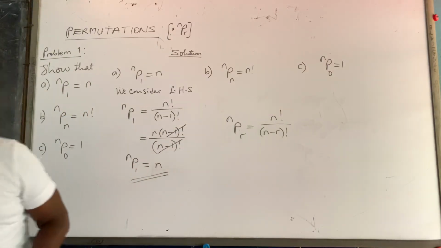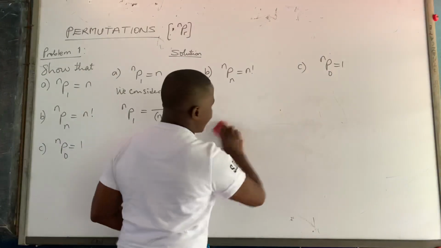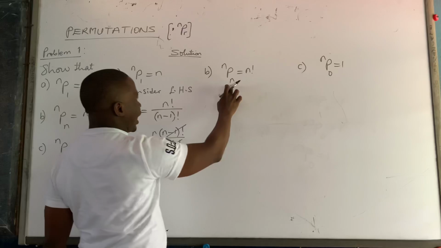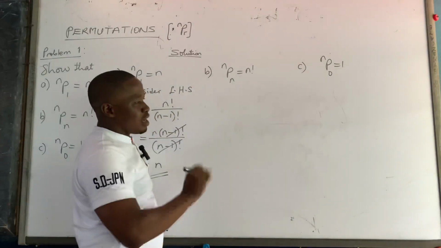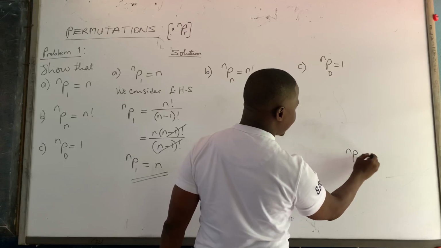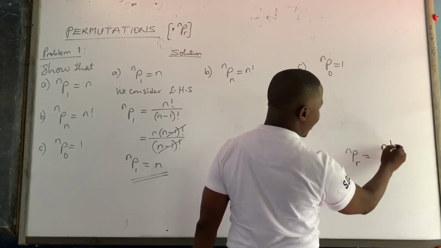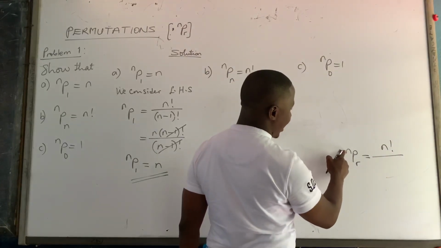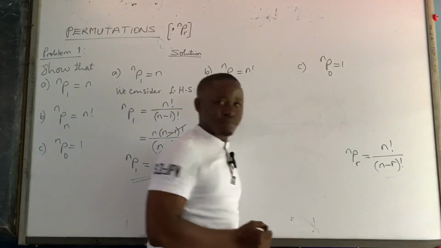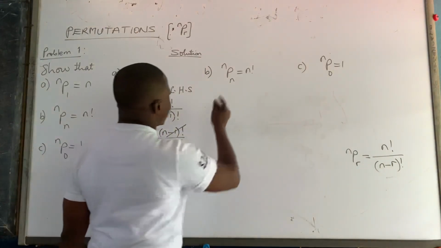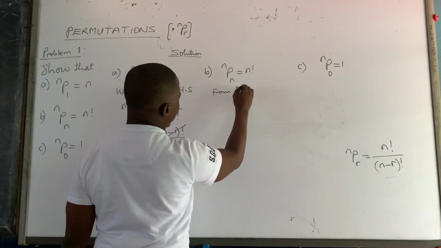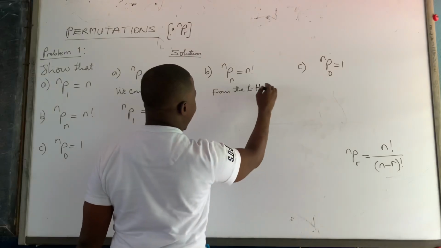Now we go to the second one. We want to show that n permutation n is n factorial. But generally we say n permutation r gives n factorial divided by n minus r factorial. Okay? So let us consider the left hand side.